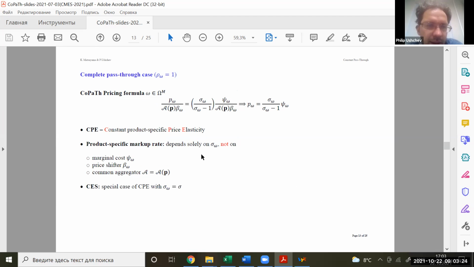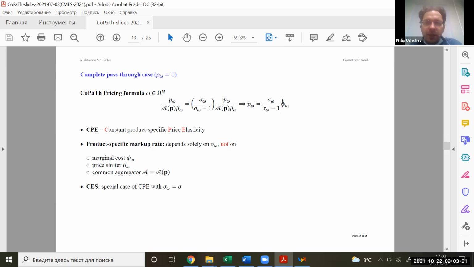Okay, so this is the complete pass-through case, the constant product-specific price elasticity case. And in this case, the pricing formula becomes exactly like for the CES, except that here the price elasticity of demand can be firm specific.